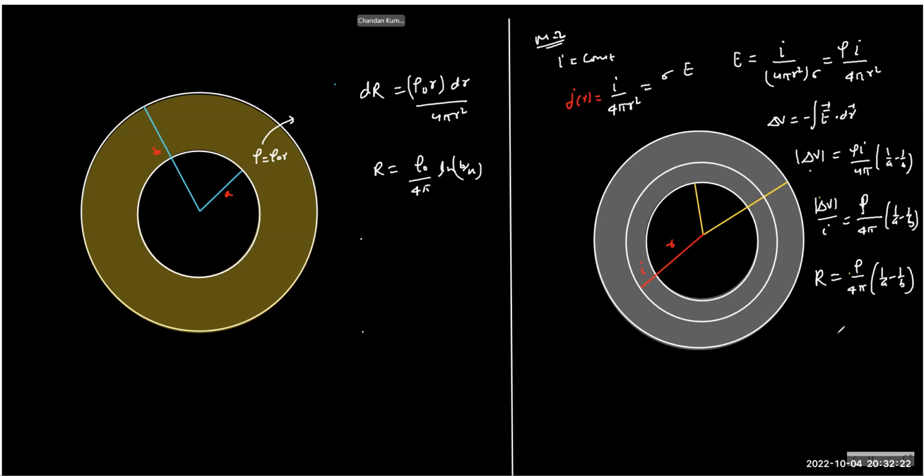Every question can be solved. What you need to know is R equals rho into L by A, and Ohm's law in the local form, J equals sigma E. That is more than enough. If you want to express all formulas in terms of flux and something, you can get the answer there also.